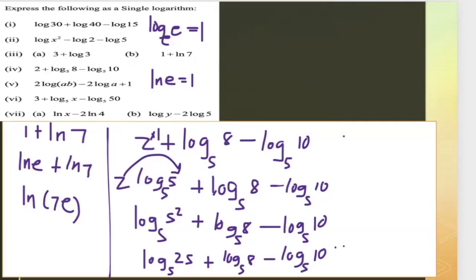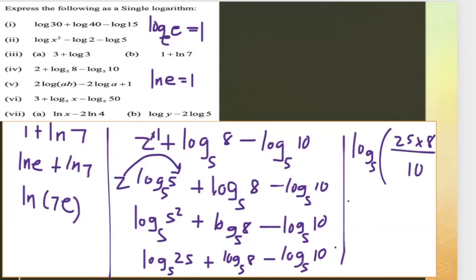Then we go ahead and write it as one log. So I'm going to write log base 5, and then in the numerator, these are two positives, so I'm going to have 25 times 8. And then in the denominator, I'm going to have the 10 because of the minus log. Now let's simplify.